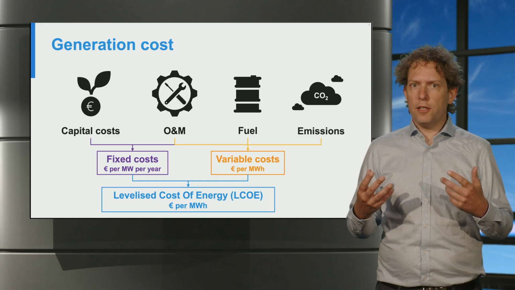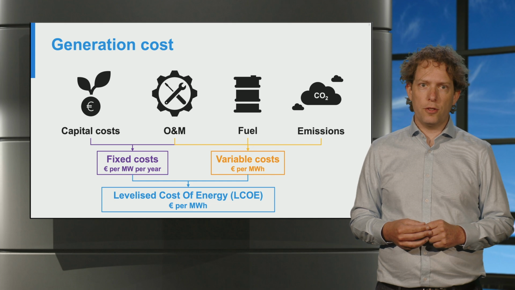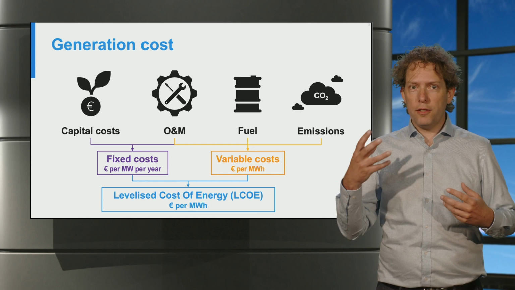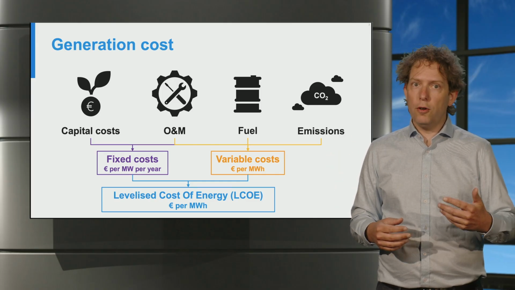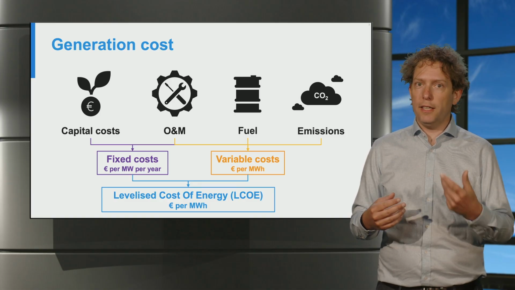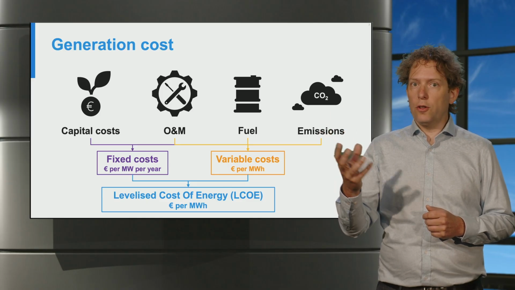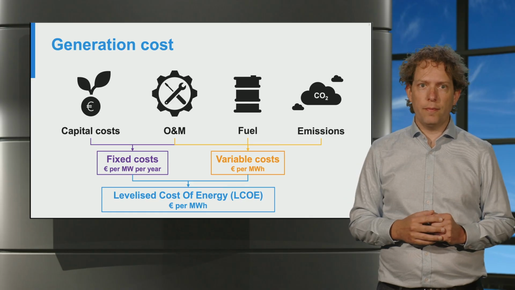Now, when you read energy system studies, you will also encounter an even simpler representation of costs. This levelized cost of energy combines the fixed and variable costs into a single number. But to do so, you have to assume the amount of energy produced by a generator in a year. That way, you can convert the fixed costs to a cost per unit of energy and combine it with the variable costs.